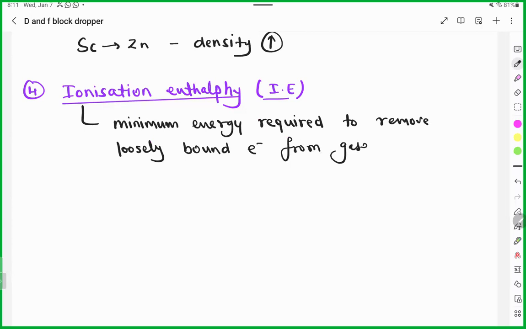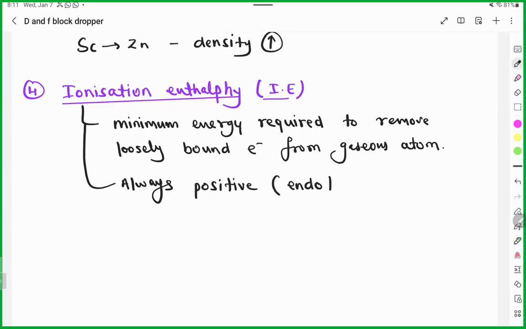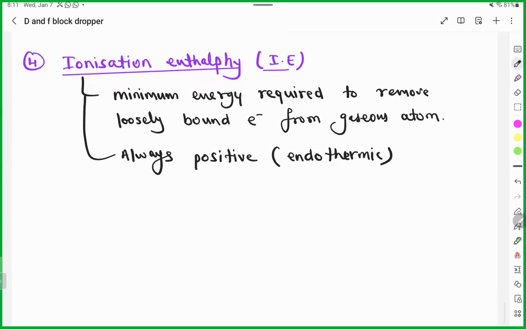This gaseous state word is important. Loosely bound and minimum energy. And this is always positive. You always need energy. That's why this process is always endothermic in nature. Always endothermic.